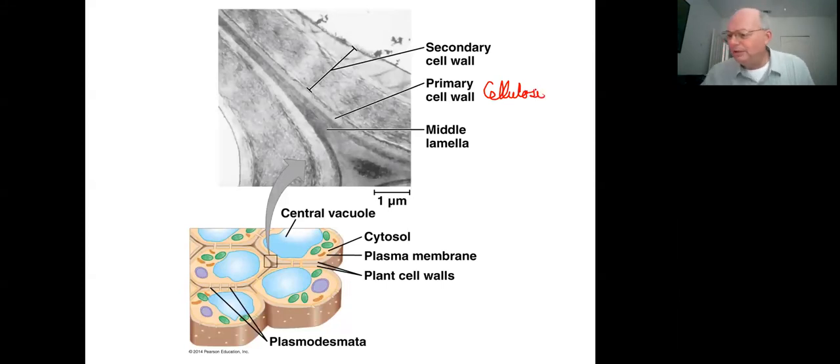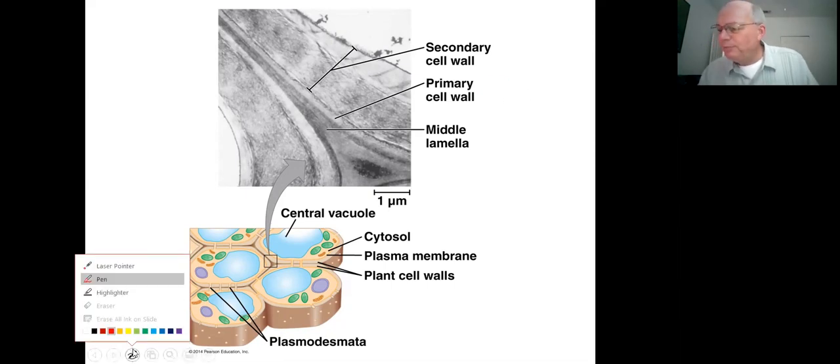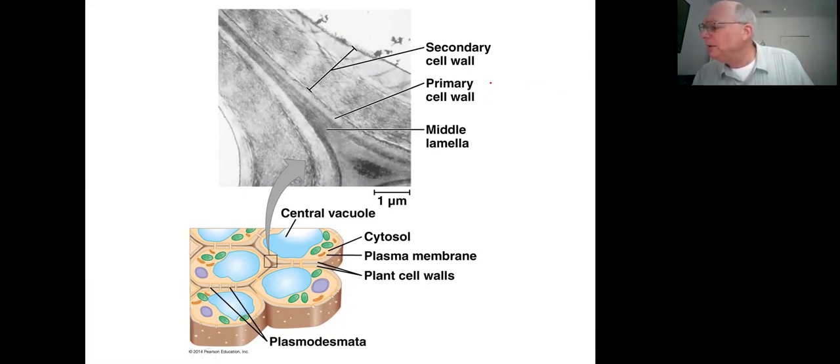So the primary cell wall is made, ooh, that's not done well. Let me erase that and write it in again. So the primary cell wall, which is the original cell wall that's created when plant cells divide, I don't think that's any better, quite honestly, but it'll have to do, is made up of cellulose.